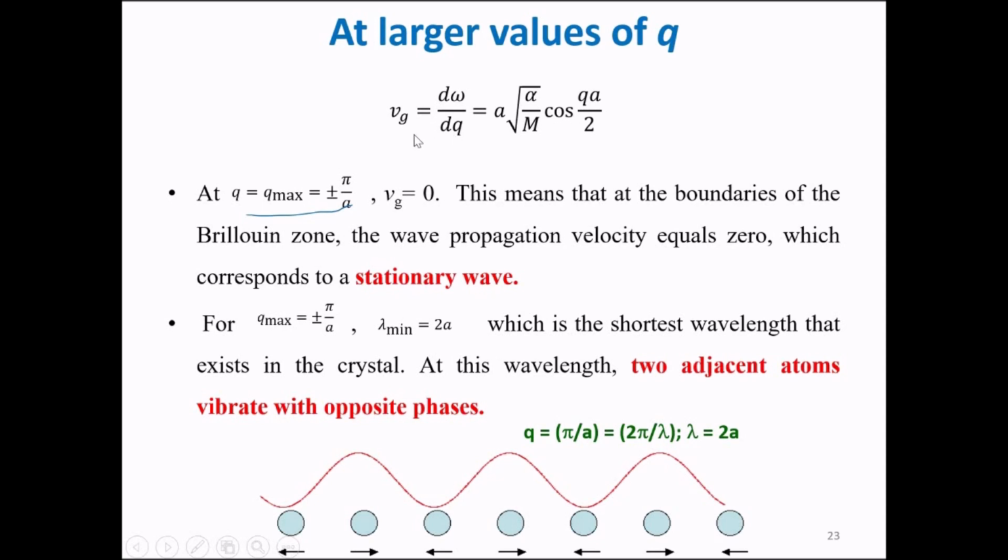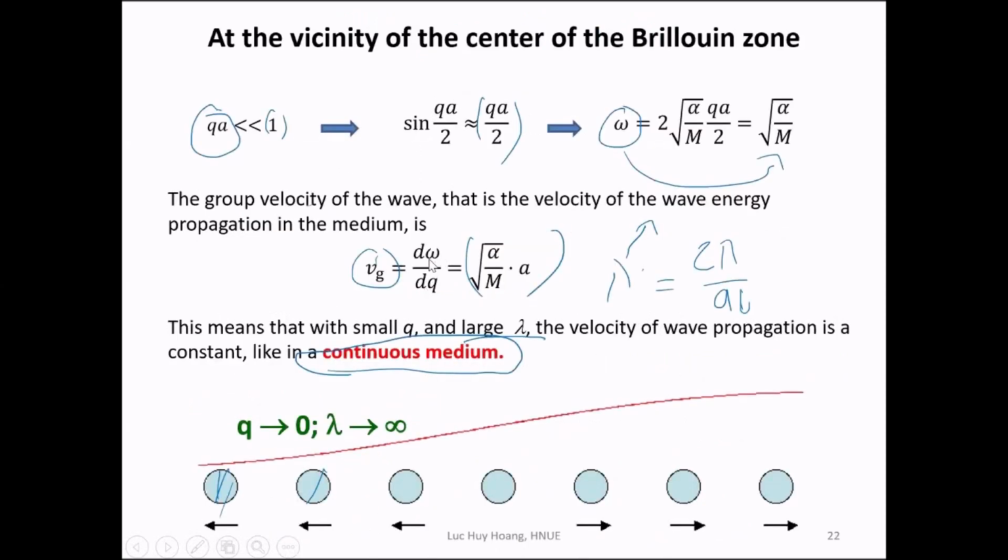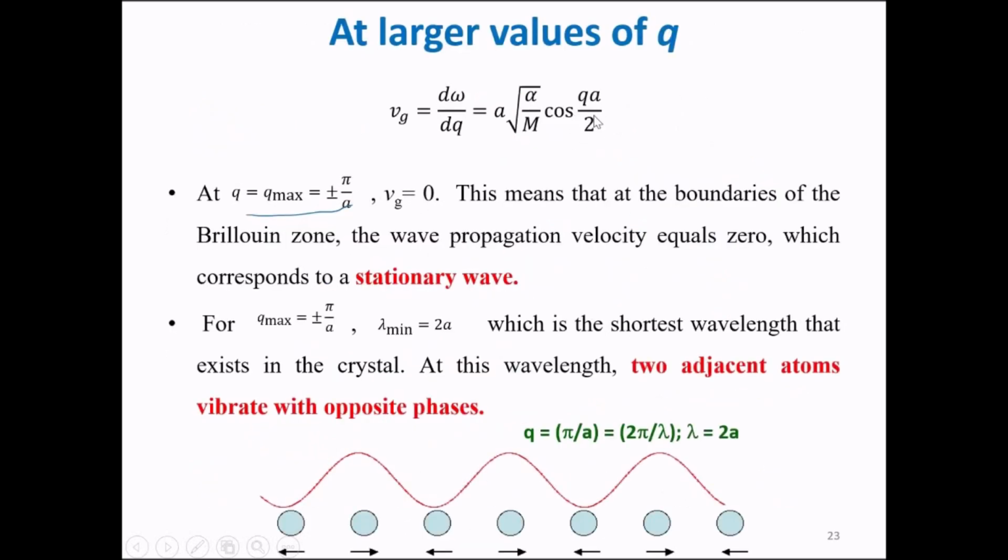So we take the derivative of sine, it becomes cosine. So it has the cosine here, in this equation when q equals plus and minus pi over a. So v becomes 0. So 0 means the wave cannot propagate. So we have a stationary wave.